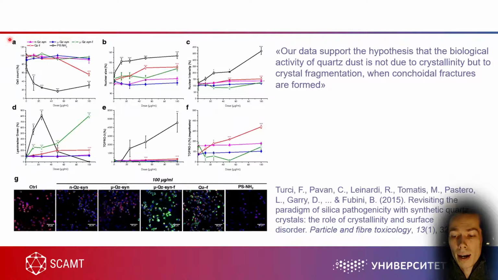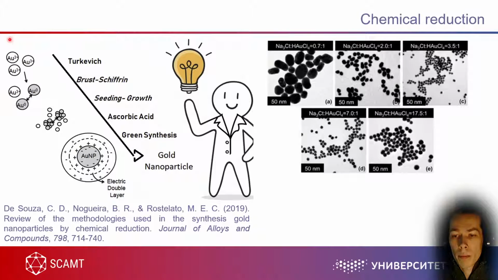The next methods used for production of different particles, mainly gold nanoparticles, silver nanoparticles, and so on, are chemical reduction methods. There is a long history of chemical reduction, for example, of gold.